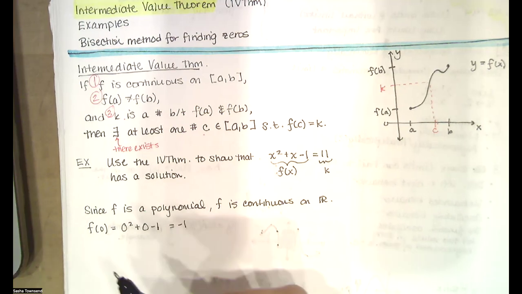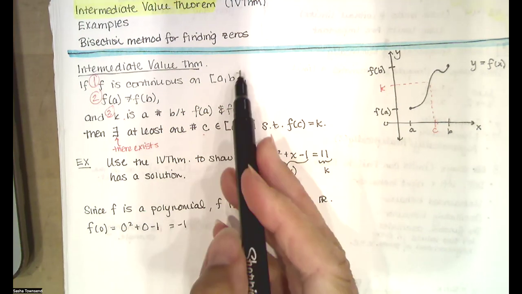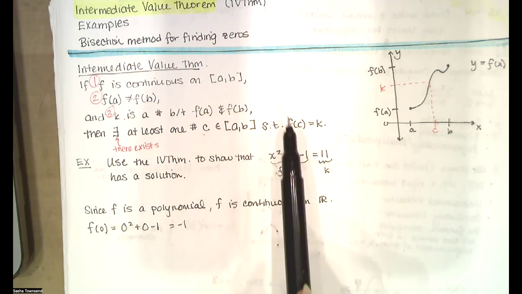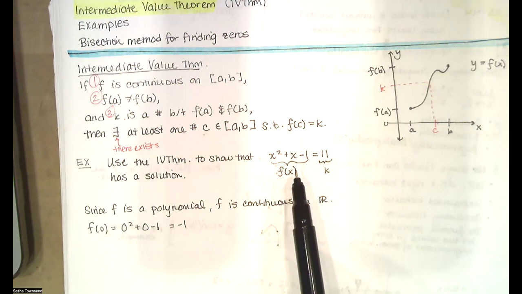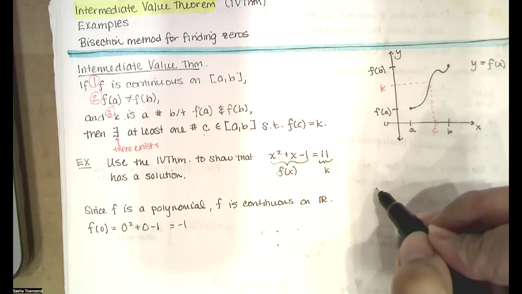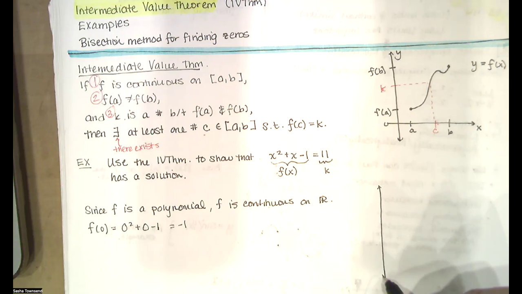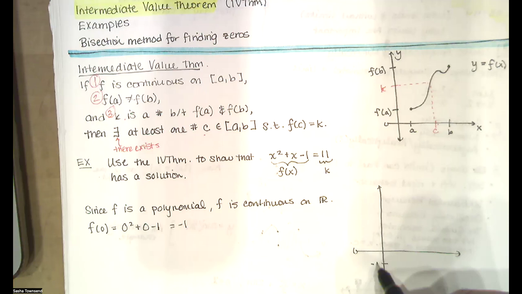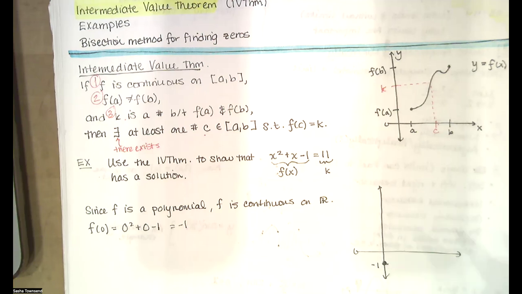And now I want to choose another value for x to be my b, and I want to choose b so that f of b is larger than 11. It's basically what we're looking for is this. I know my function passes through that point, x equals 0, y equals negative 1.